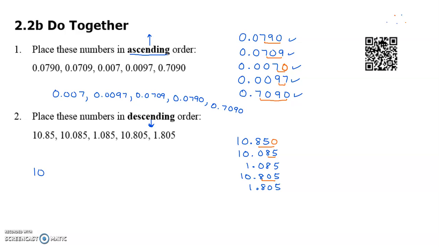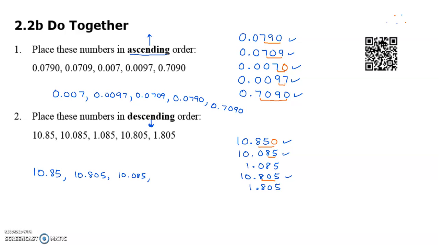So I have 10.85, that's our greatest. Then I've got 10.805, that's our second. 10.085, that's our third.